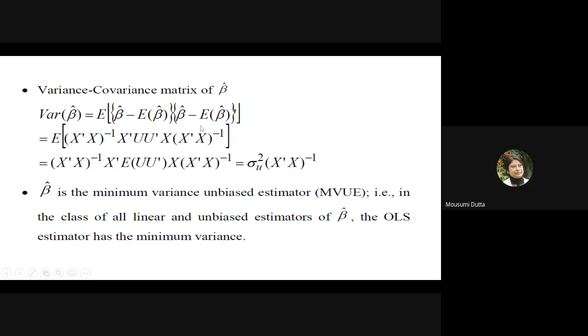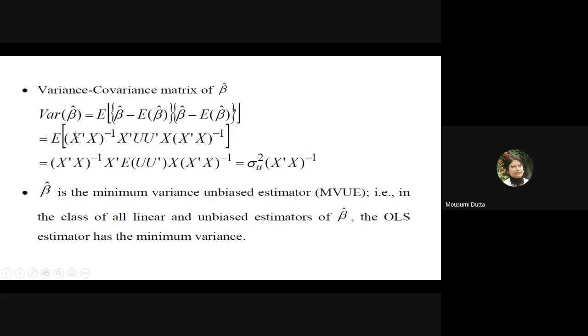Okay. Then beta hat minus expectation of beta hat transpose. So this entire thing will be written as u transpose x prime x inverse. Now when there is x prime x, we will not be able to distinguish which one is first x, which one is second x. So it will look alike.